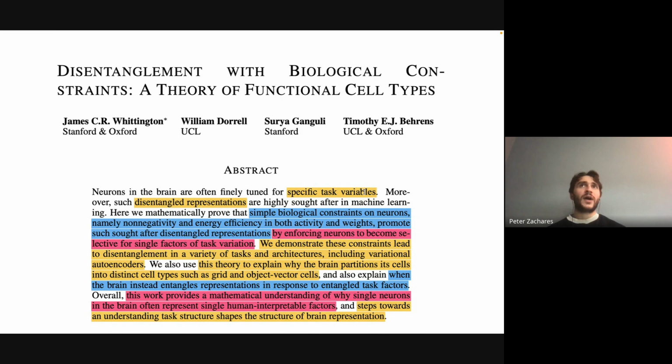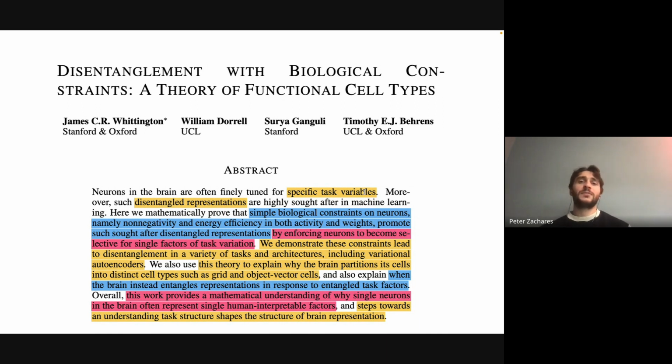Because if you have a neuron that kind of recognizes long snouts and kind of recognizes pointy ears, you can't really tell what it's recognizing. So that's why you want something that's disentangled and focusing on a specific feature.